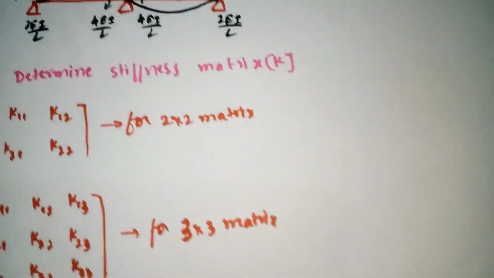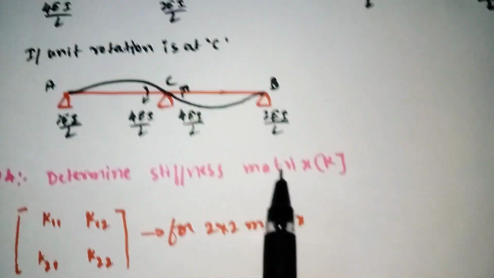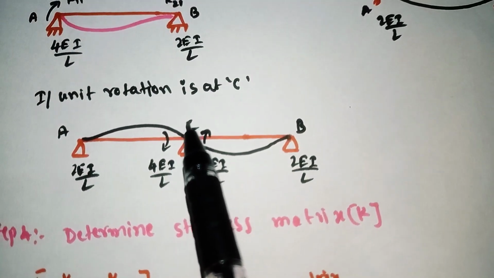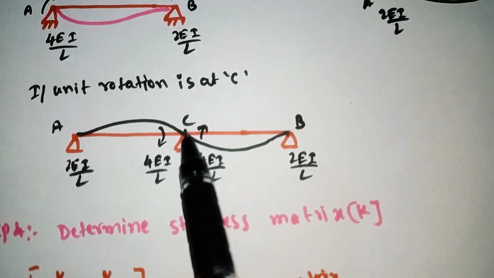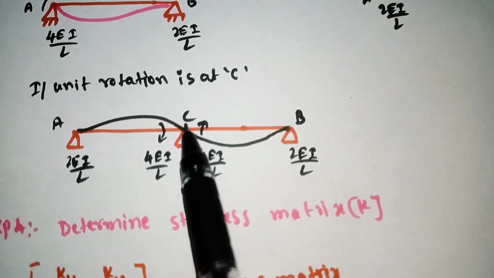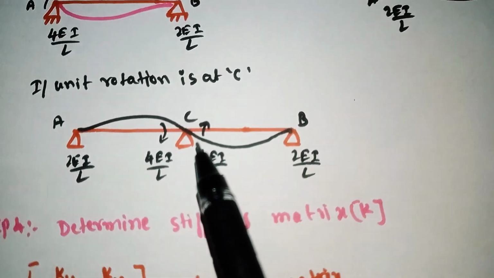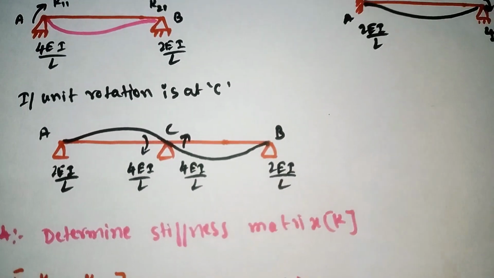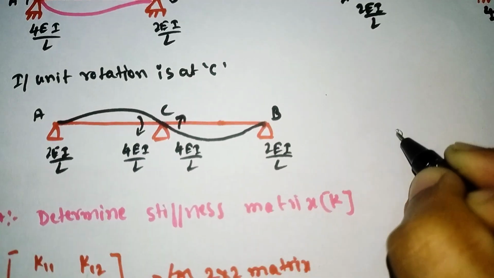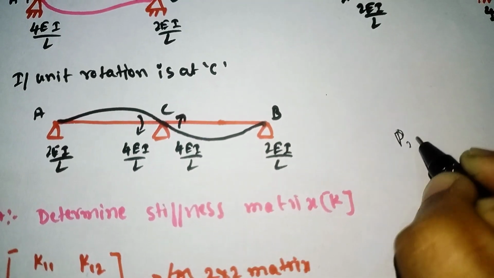See here, for example, this is coordinate 2. The fixed end moment of coordinate 2, that is P2, becomes MFCA plus MFCB.